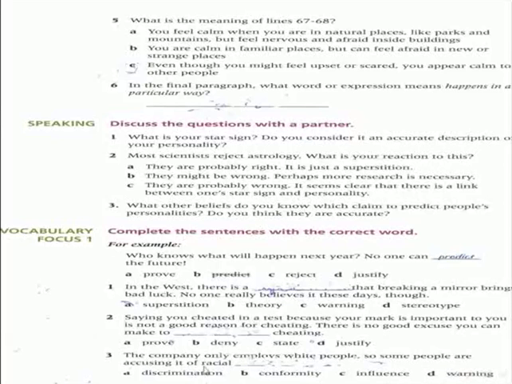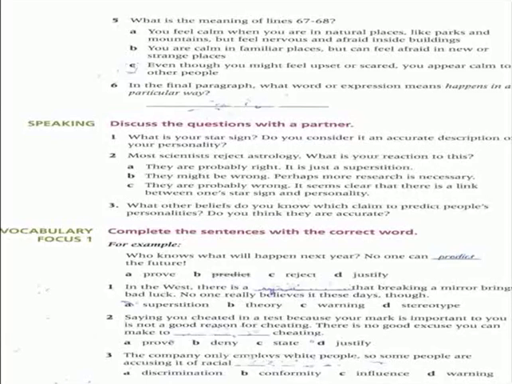Racial discrimination. Racial means according to the color of the skin. Discrimination is something people don't like these days. People don't like discrimination between colors of skin or between sexes, between male and female, between men and women, and so on. So we choose: accusing it of racial discrimination.